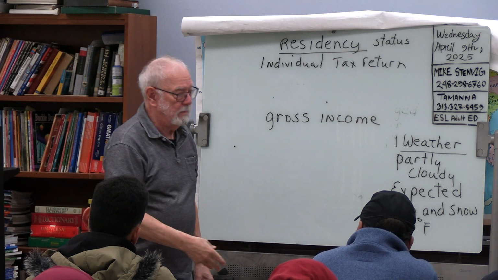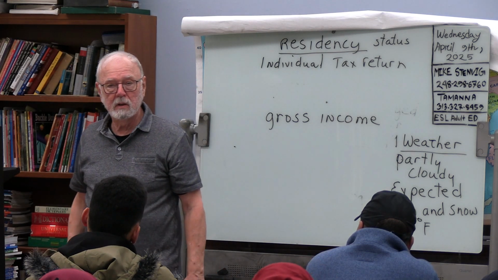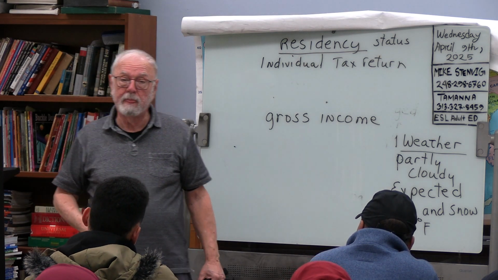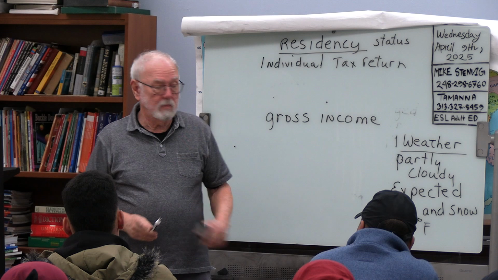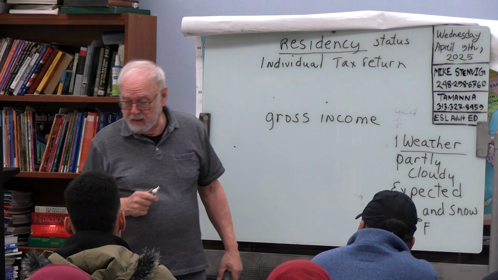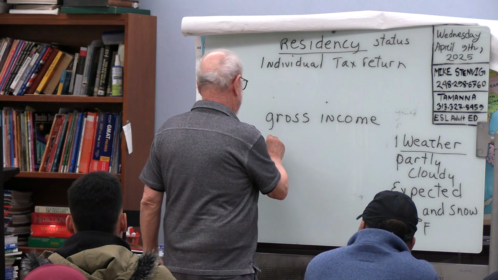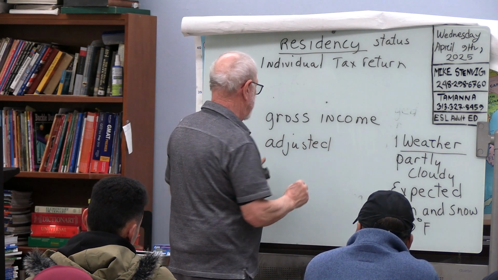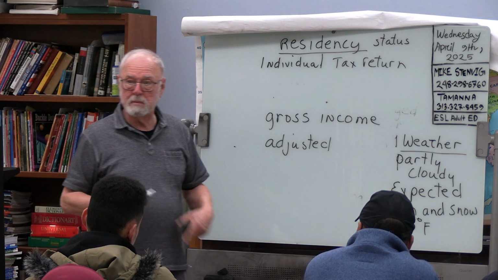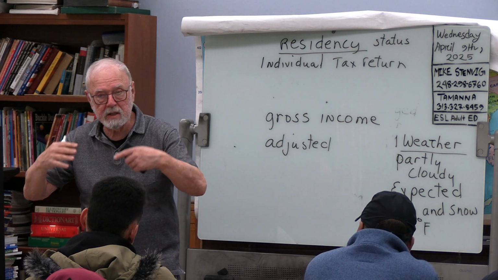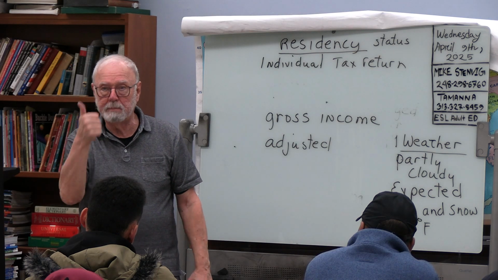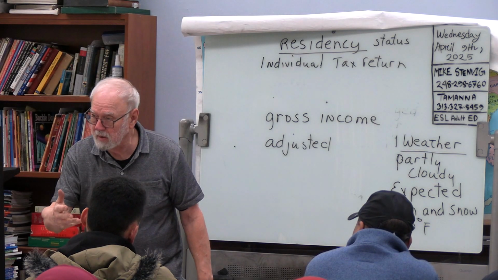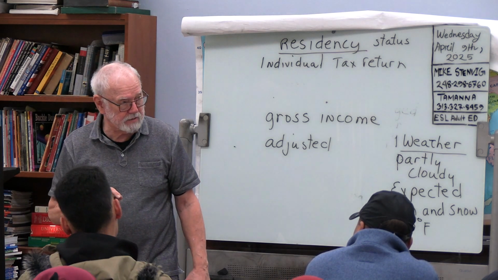If you got money from a job, or you won the lottery, that's gross income. But then it says adjusted. Adjusted gross income means the money is changed because of dependents, exemptions, disabled, veteran, all these things, and there are boxes for those.